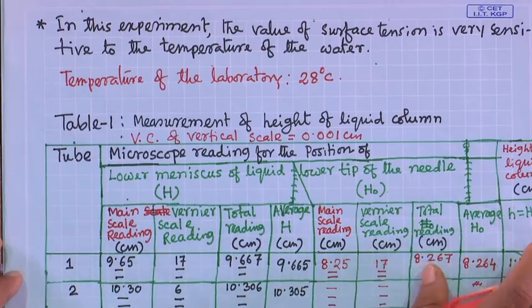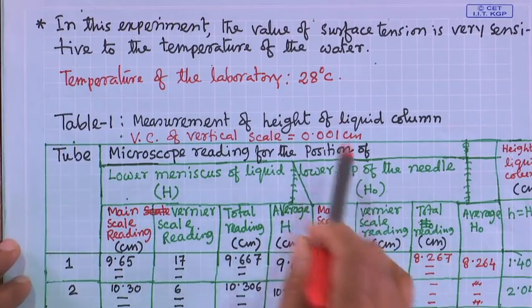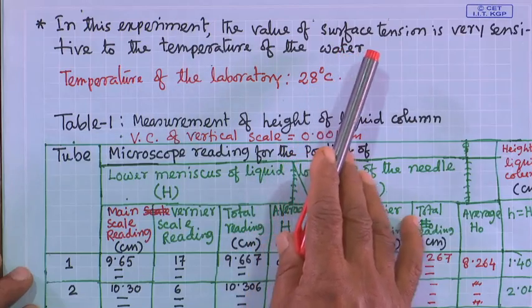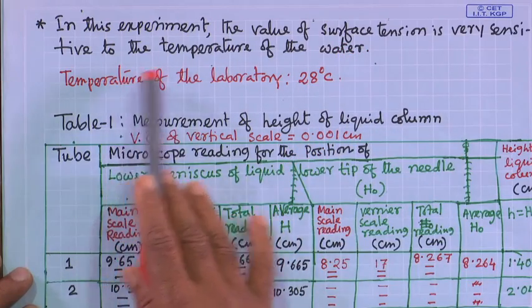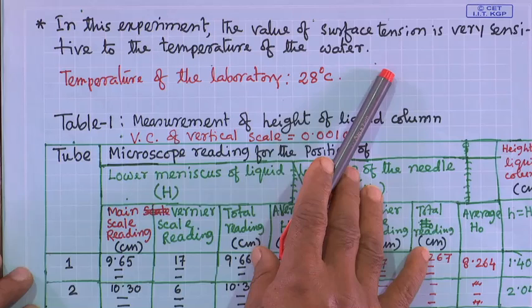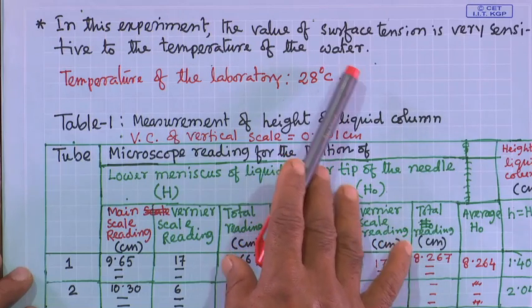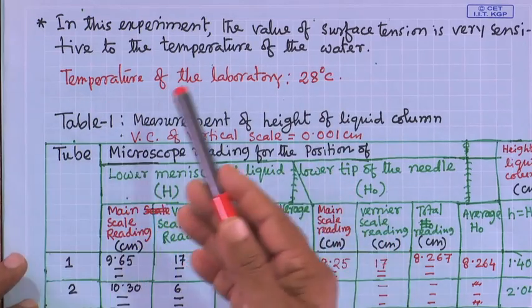Then we have seen in the laboratory the setup and how we take the reading. In this experiment the value of surface tension is very sensitive to the temperature of water. So, it is very important to note down the temperature of the water or of the laboratory.